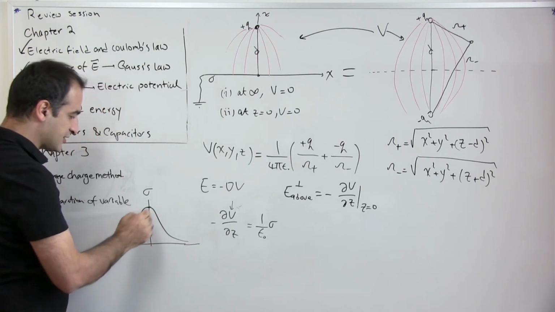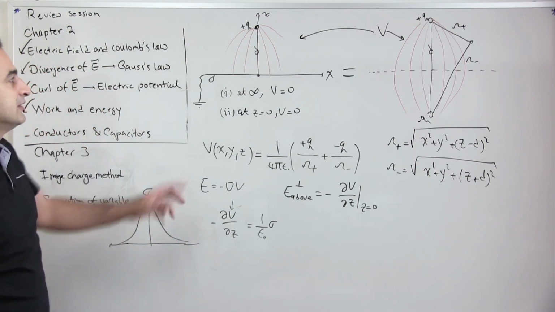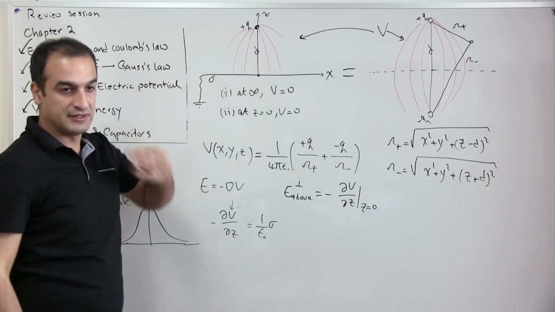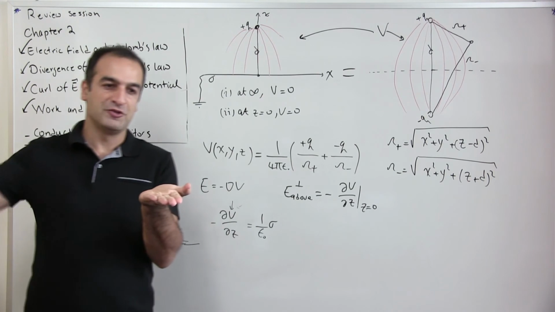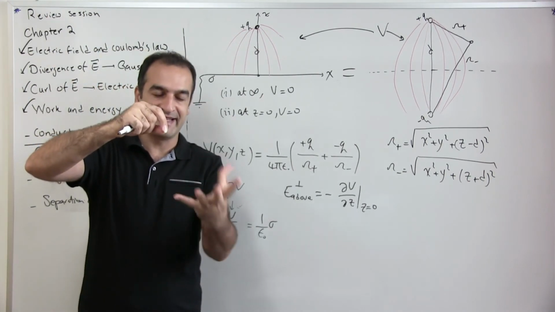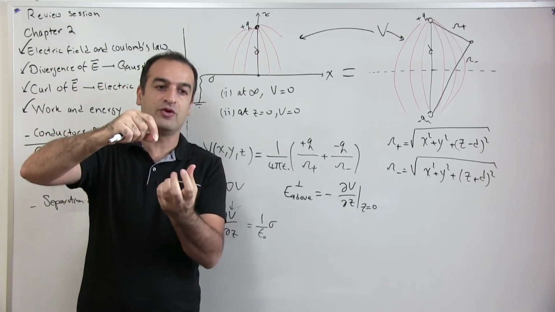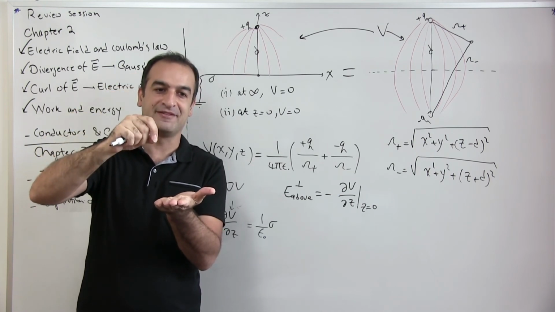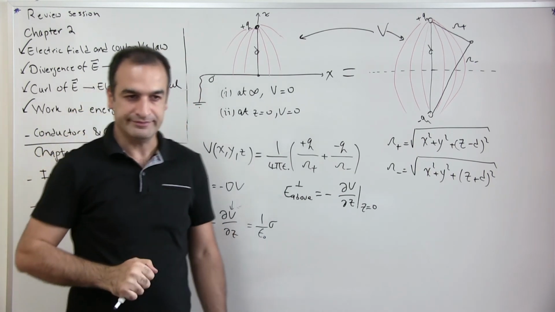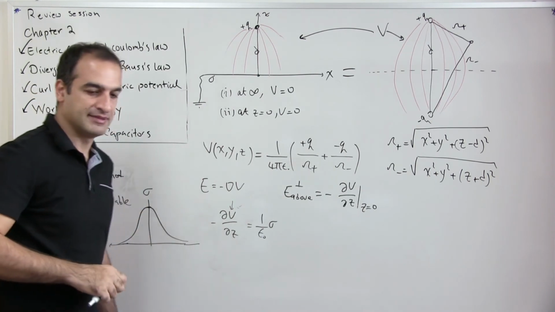But the total charge, if you integrate it, should be equal to the negative of Q. That means if you have a metal surface and you bring a charge, it's going to attract negative charges. The total amount should be equal to the charge that you brought to the surface, okay? I like that example. That's nice.